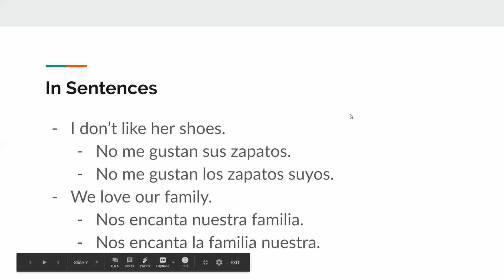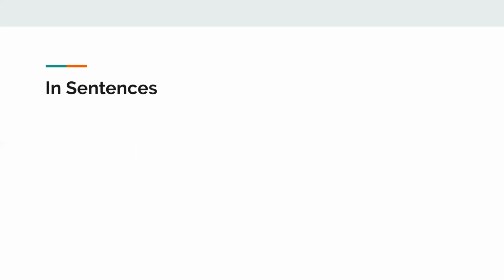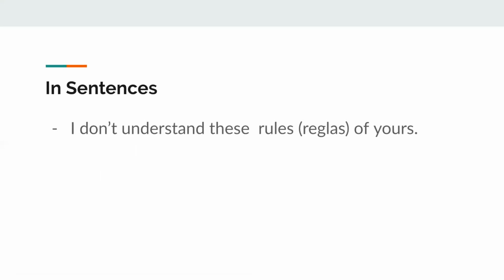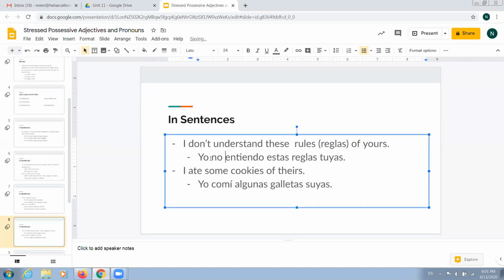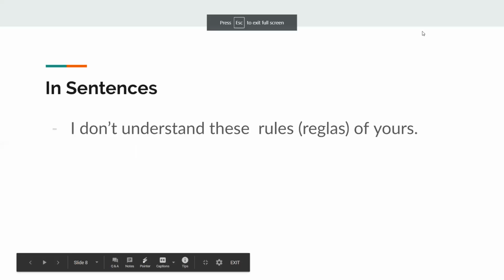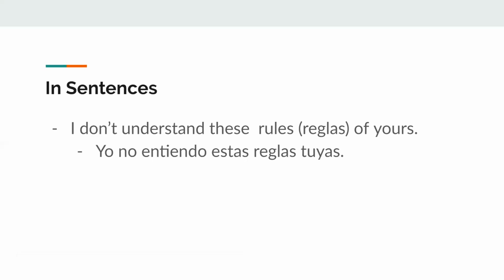Now, the second two sentences from earlier can only be done the new way, so let's take a look at those. I don't understand these rules of yours. Yo no entiendo estas reglas tuyas.